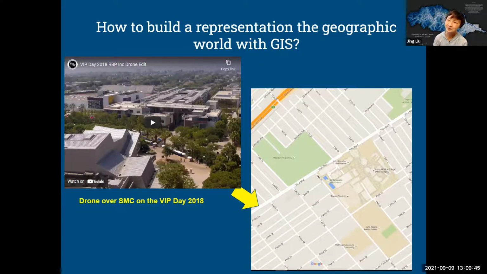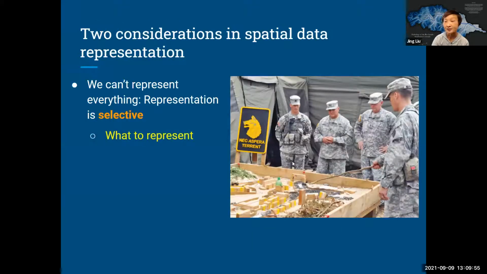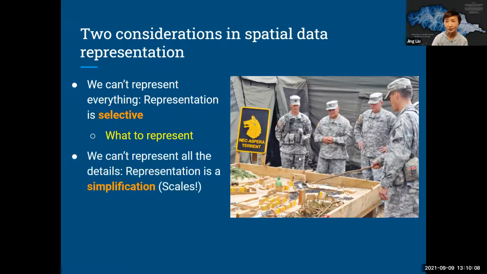If you represent the trees on this map, it will be too crowded, too busy, too overwhelming. Okay, so that is the number one thing: be selective. Select the things in the real world you're going to put on your map to build your representation. So you want to answer this question: what to represent.